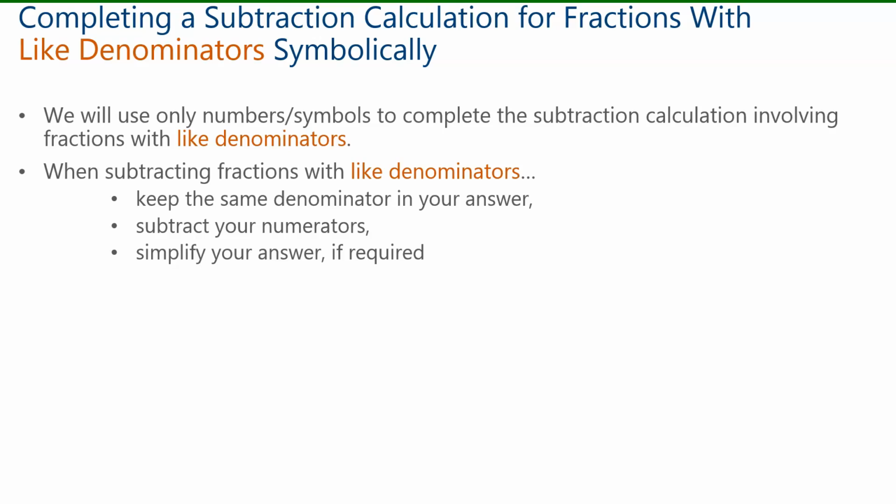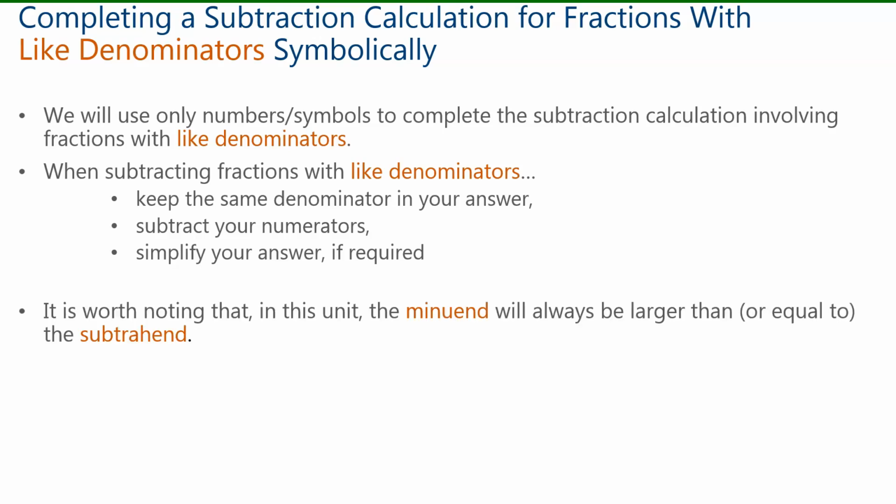So you see, it's the same idea as the process that we use for adding fractions with like denominators, only instead of adding numerators, we must subtract the numerators. And as already mentioned, in this unit, the minuend, the first fraction, will always be larger than or possibly equal to the subtrahend. So there's our minuend, subtrahend.